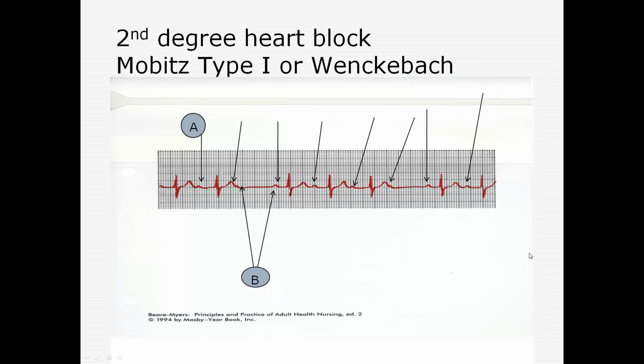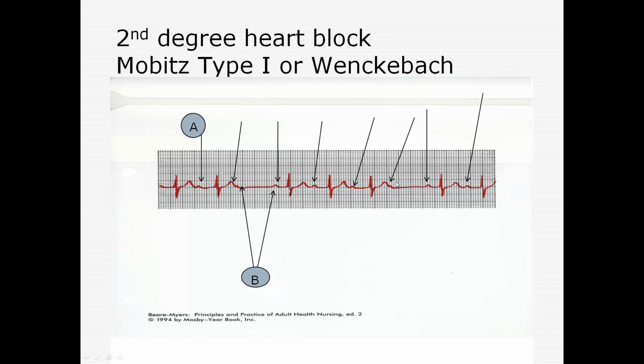So this is Mobitz Type I or Wenckebach. P waves get longer and longer until it drops a QRS. That's type 1 or Wenckebach. Patients can live with this if we don't have a lot of these drops in a minute. So over an hour, how many drops do you have?